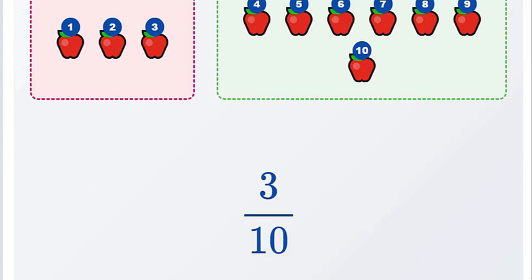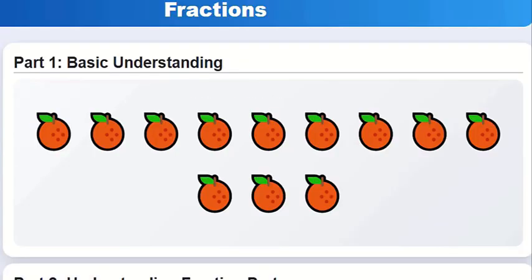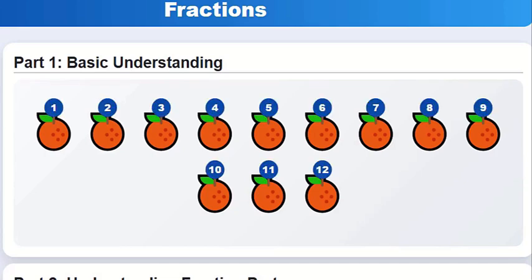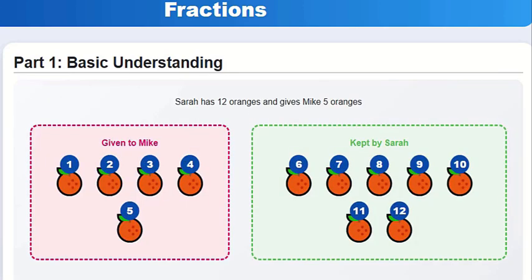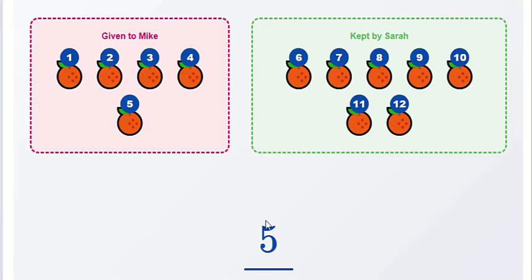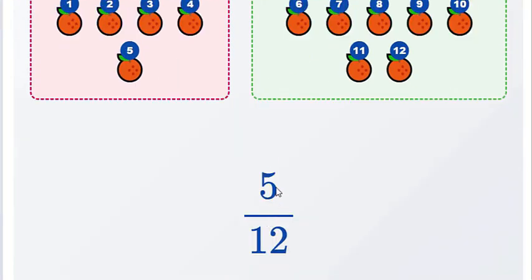Let me show you another one. Let us say Sarah has 12 oranges. Then Sarah gives Mike 5 oranges out of the 12. Then you are told to write in fraction form the total number of oranges given to Mike by Sarah. And we need to know that Sarah gave Mike 5 oranges.